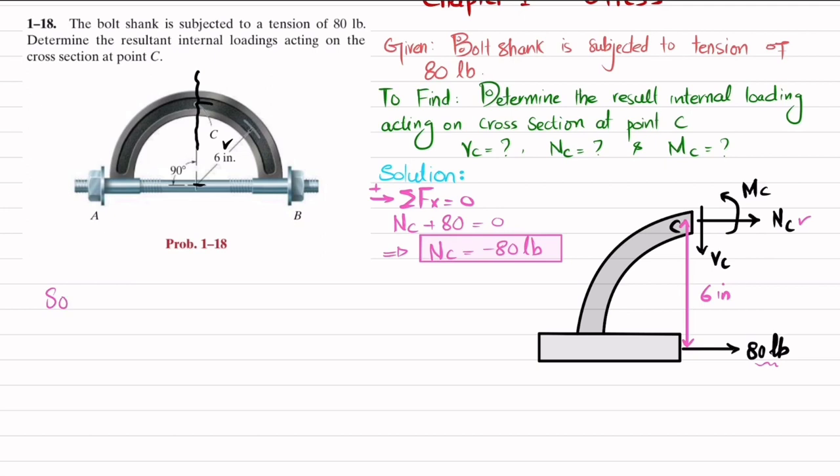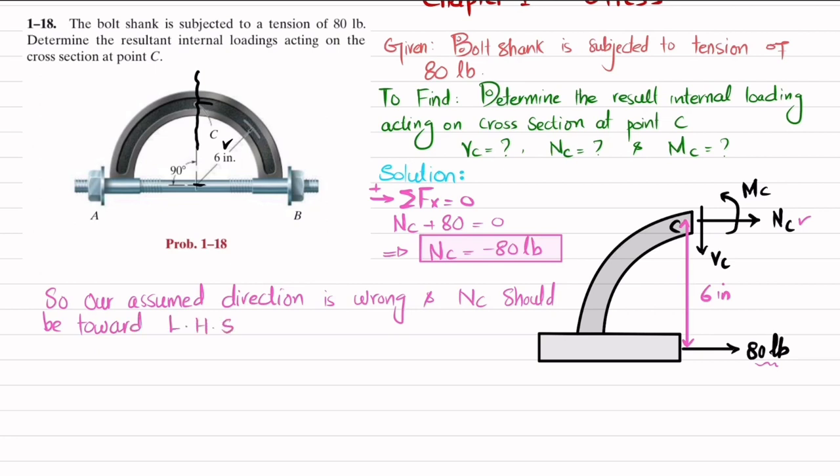So our assumed direction is wrong and NC should be towards the left-hand side. Okay, but the magnitude of NC is 80 pound.